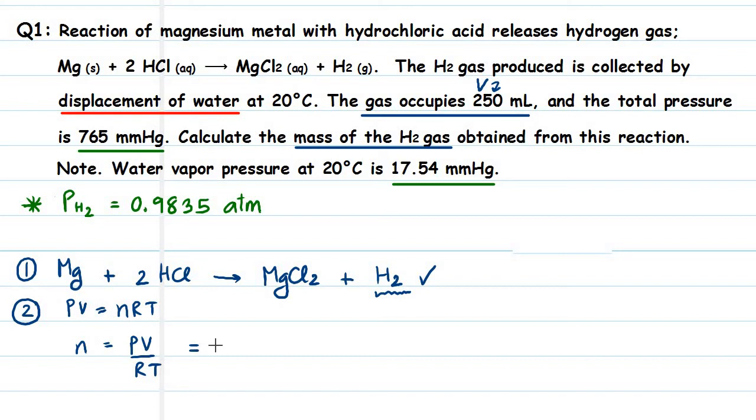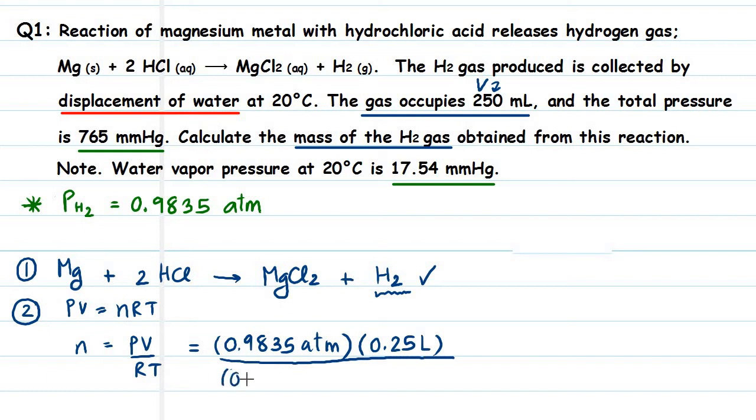P we obtained earlier, and it is 0.9835 atm. And V is 250 milliliter, which can be converted to 0.25 liter. And R is 0.082 liter atm per mole Kelvin.